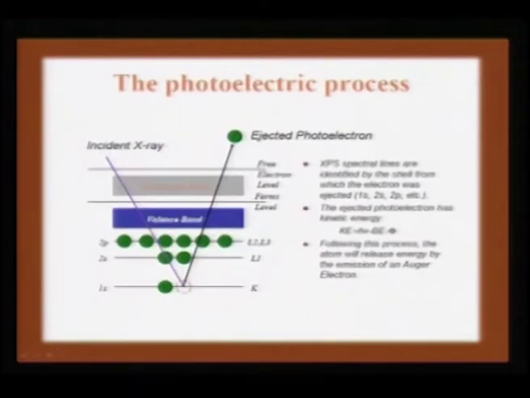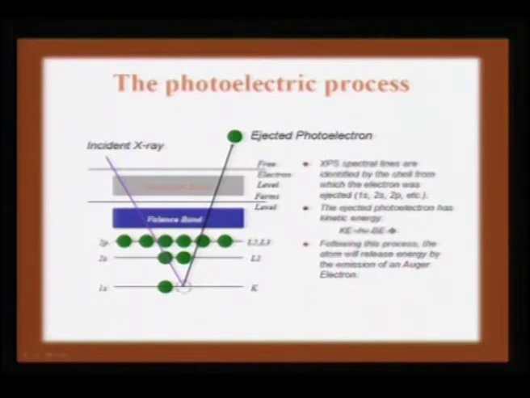Now, what really happens in the photoelectric process, as you would see, is that the incident X-ray falls on the core shell electron, that is the K shell, and this is immediately ejected as a photoelectron. This is the photoelectron that we are trying to map, but in the process several things can happen.